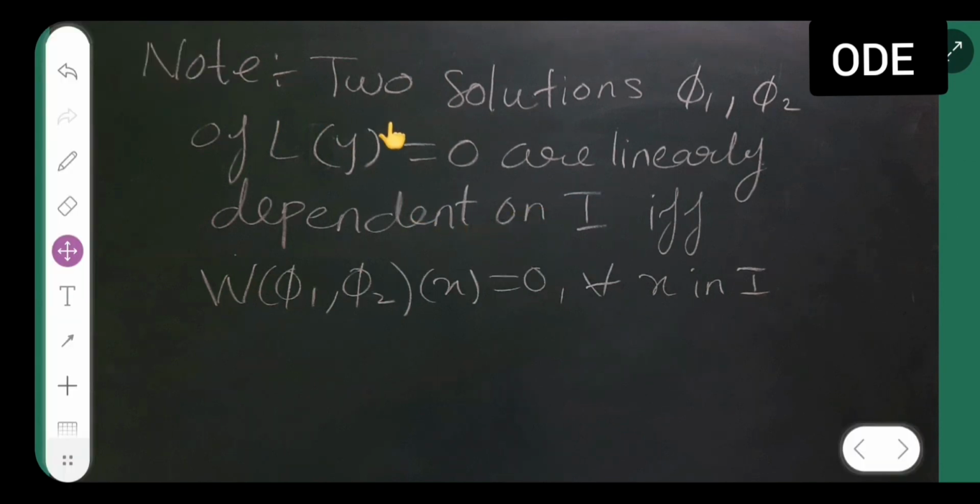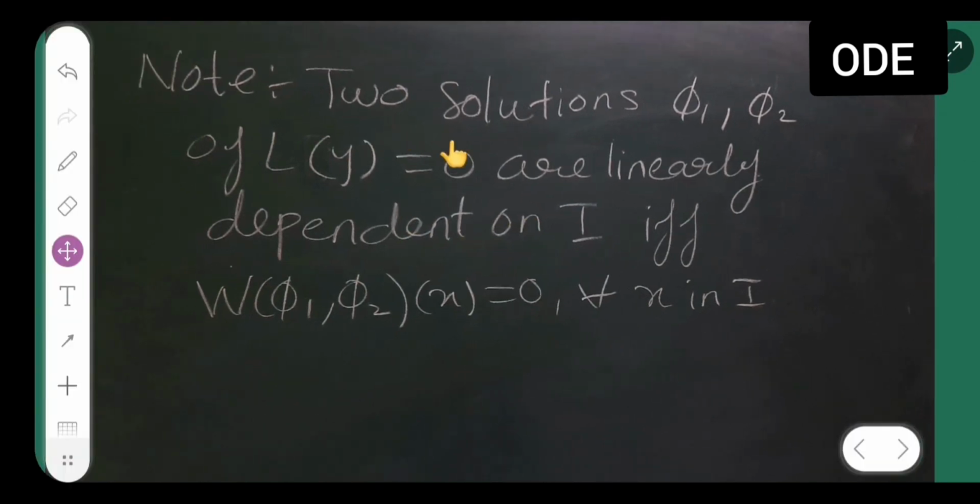In the note it is given: two solutions phi 1 and phi 2 of L of y equal to 0 are linearly dependent on I if and only if the Wronskian of this is equal to 0 for all x in I. This is the note which you all have to read.